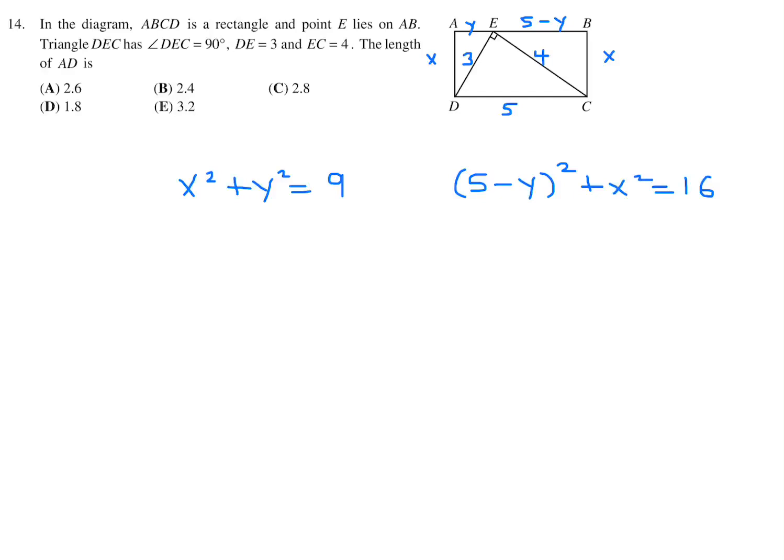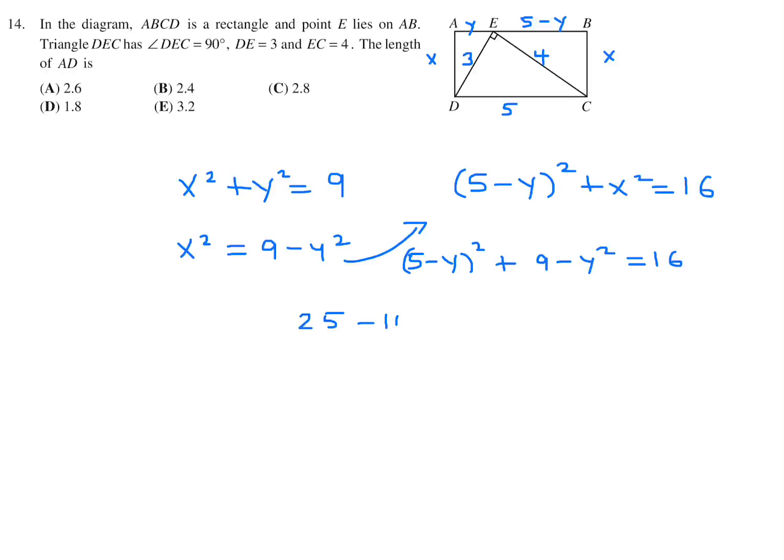So I'll just isolate for x squared in this one, 9 minus y squared, and then substitute that into there. So I'll have 5 minus y all squared plus x squared, which is 9 minus y squared, is equal to 16, like that. Expand this and I get 25 minus 10y plus y squared plus 9 minus y squared is equal to 16.